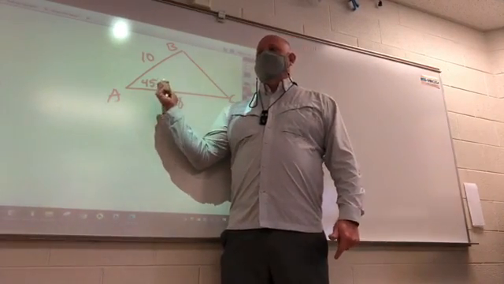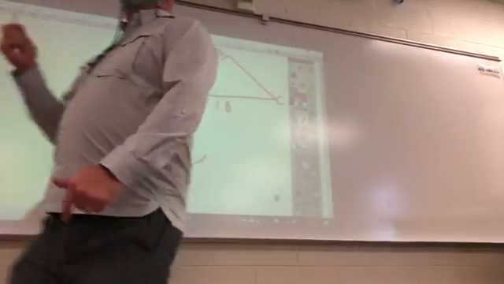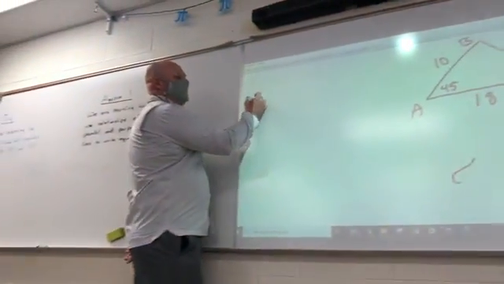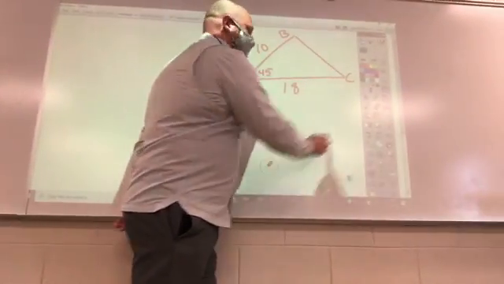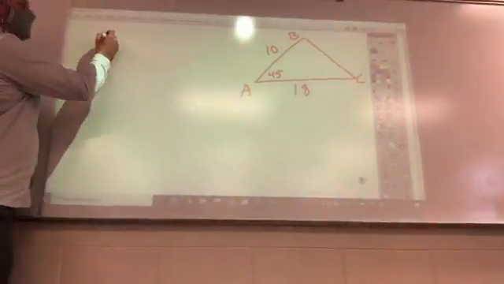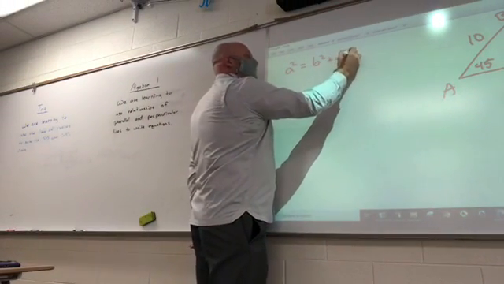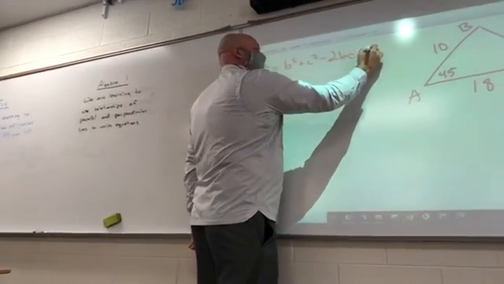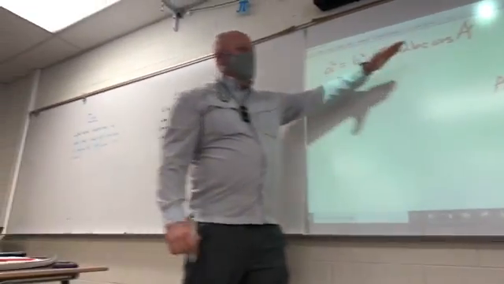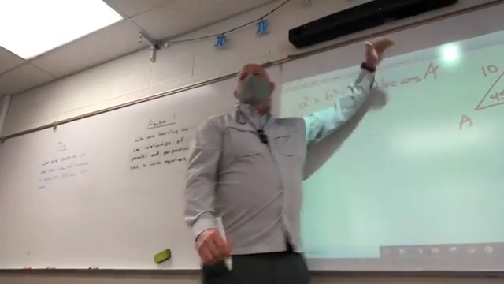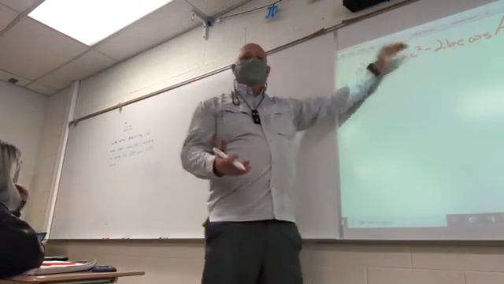Which is angle A. Because I know angle A, that tells me I have to use the law of cosines that has angle A in it, which is the one that starts with a squared equals b squared plus c squared minus 2bc cosine of A. They gave us angle A, so I have to use the law of cosines with angle A in it.